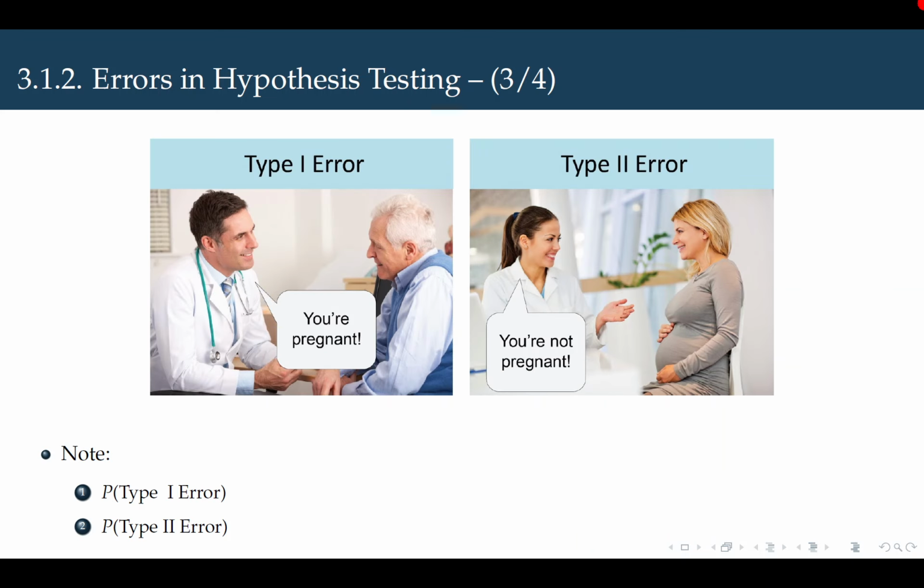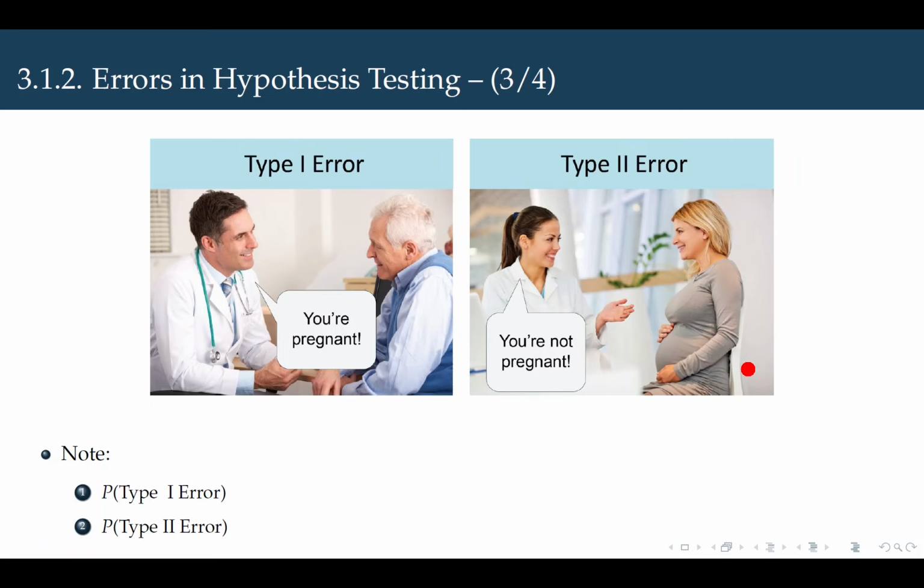So let's consider these two figures for a simple understanding of these type 1 and type 2 errors. Now, in the first figure here, the person is a man, and in the second, the person is a woman. Now here the interest is to check whether the individual is pregnant or not.